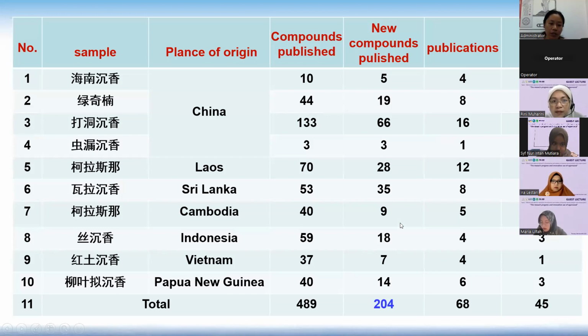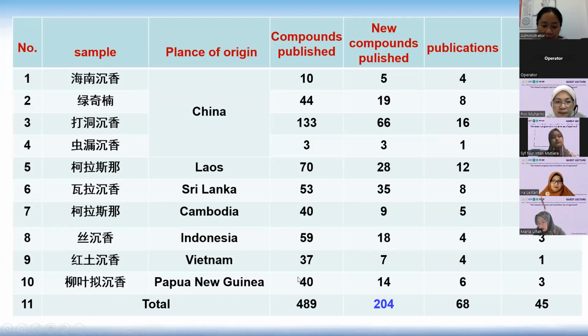For the GC-MS results of different samples, I will not talk too much here, but I will talk about some results of the compounds we isolated from the ethanol extractions. Until now, we have worked on 10 different agarwoods. This name is the Chinese name, but later I will talk about them one by one with the English names.